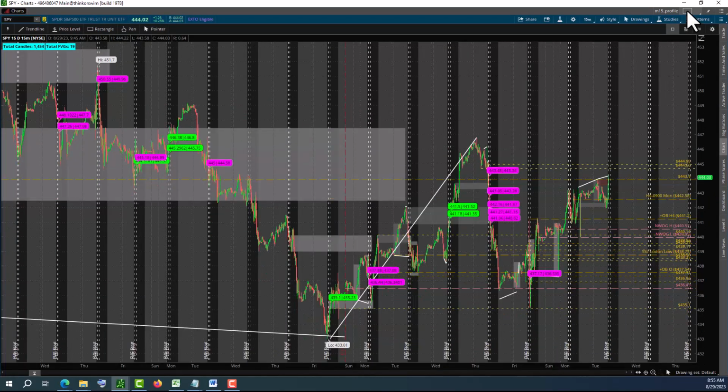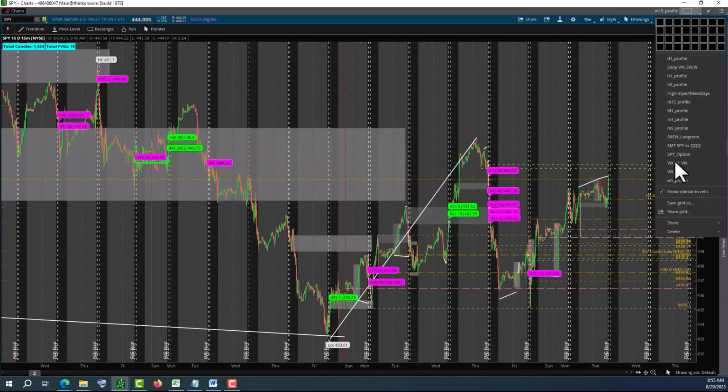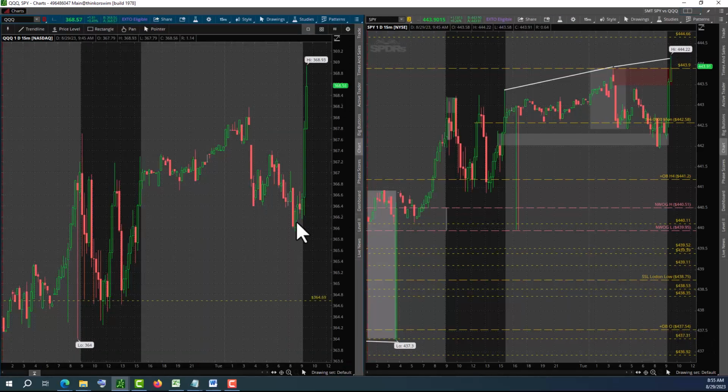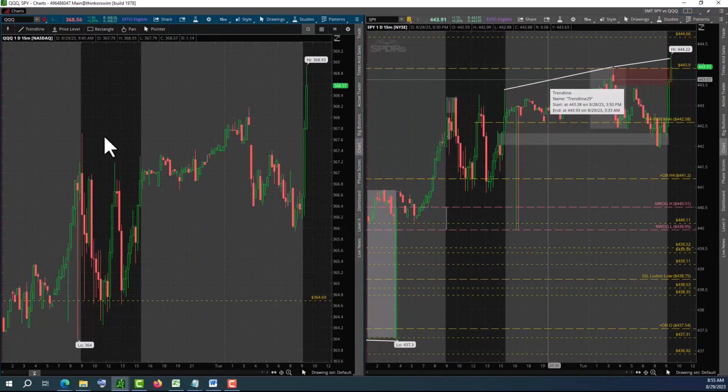Yeah, let's take a look at this. Smart money divergence right here? Yeah, we don't see any divergence. It made a high, this one made the high also.